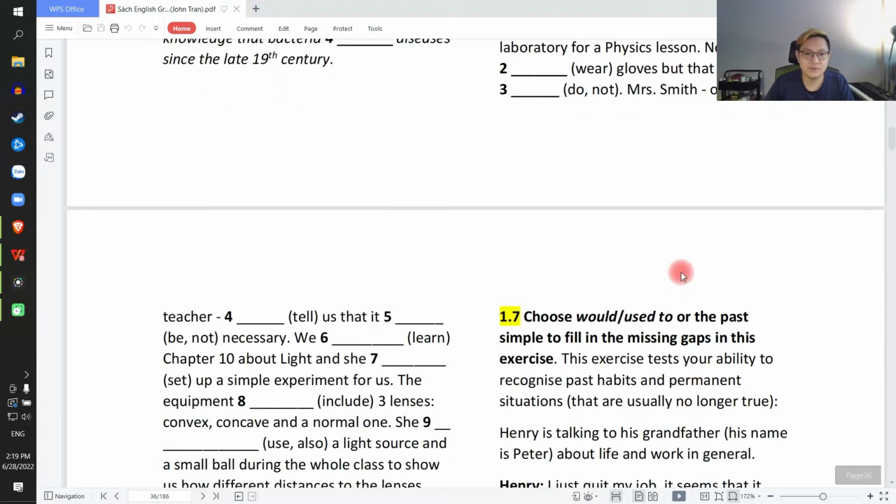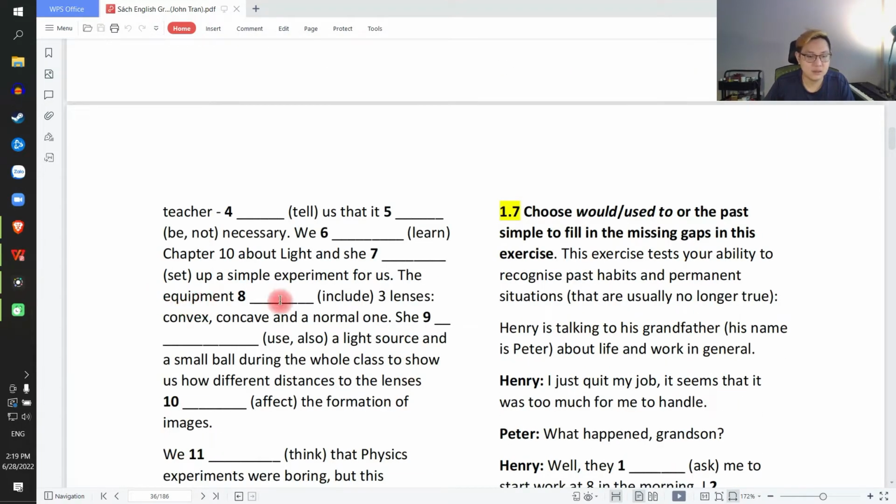Mrs. Smith, our physics teacher, told us that it wasn't necessary. Necessary. We were learning chapter 10 about light, and she was setting up a simple experiment for us.